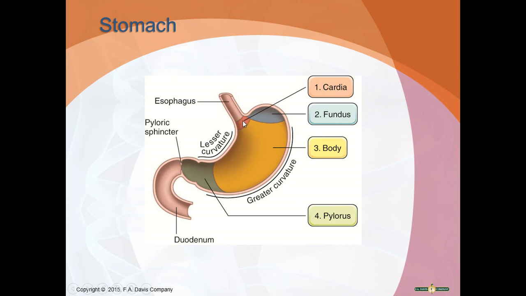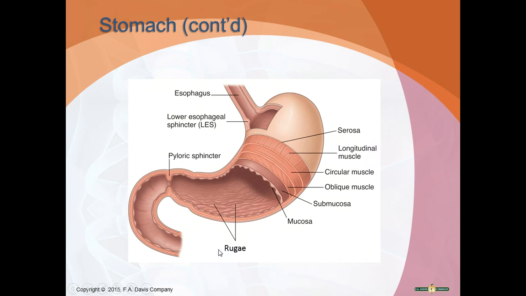That's below the esophageal sphincter, and that has to do with the cardiac, because it's also called the cardiac sphincter. The fundus, or the head or the top, the body, and the pylorus. And this would be the pyloric sphincter that leads into the duodenum, and the duodenum is part of the small intestines.